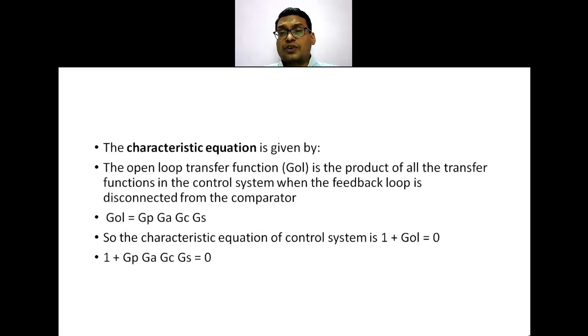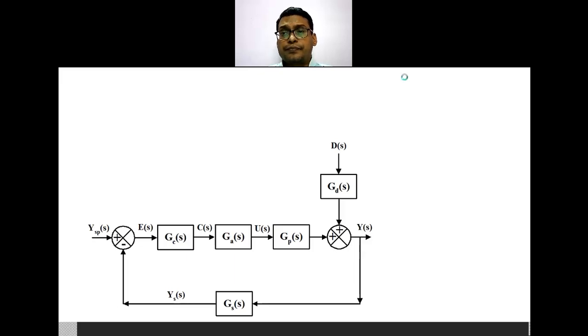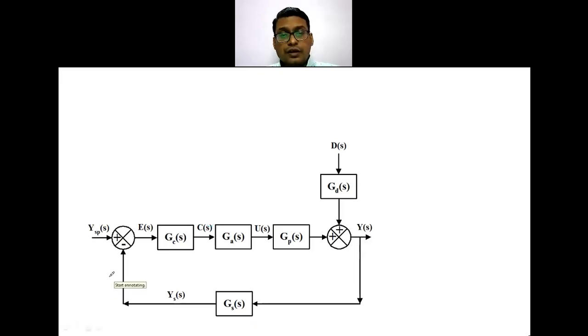Open loop transfer function is the product of all transfer functions in the control system when the feedback loop is disconnected from the comparator. The product of all transfer functions in the control loop is the overall transfer function of the open loop control system.